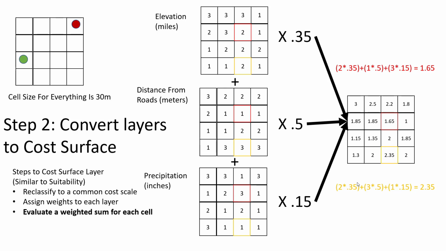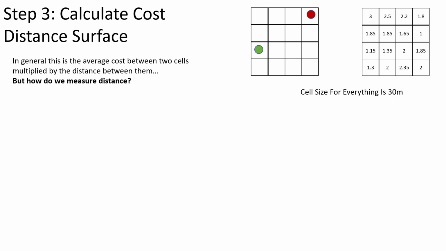Right. So once we convert from a cost surface, the next step is going to be to calculate the distance surface. In general, we'll talk about the equation in a minute.